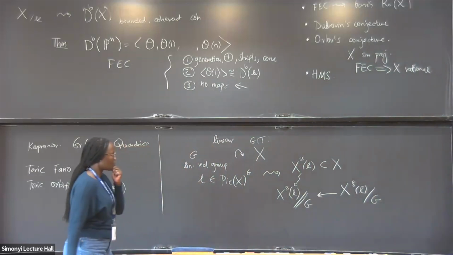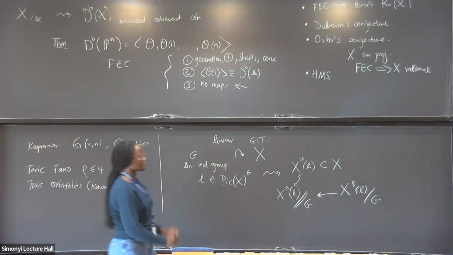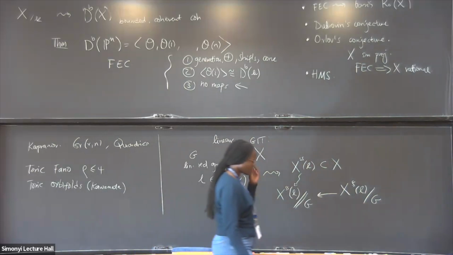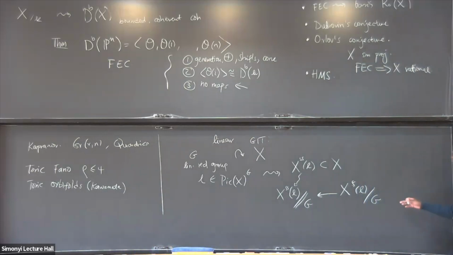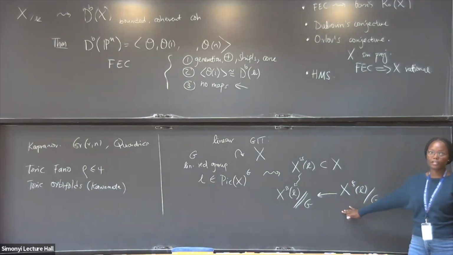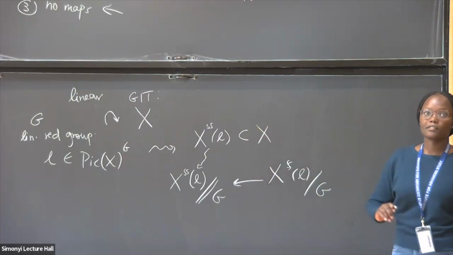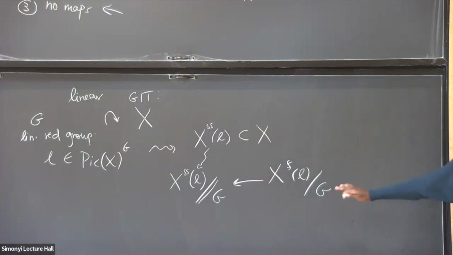So this is our question, and for the rest of the talk, I want to explain how one approaches the question of finding this kind of structure for these quotients. But I'll pause for questions.